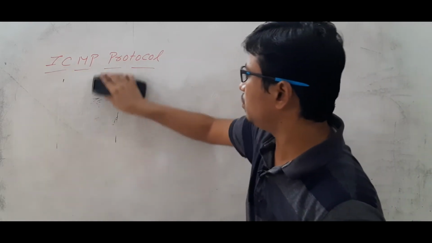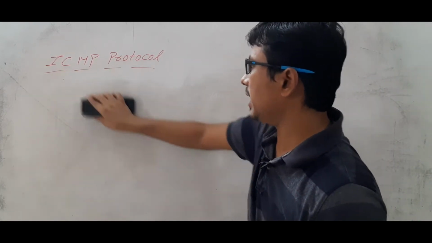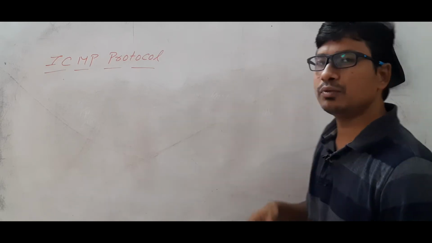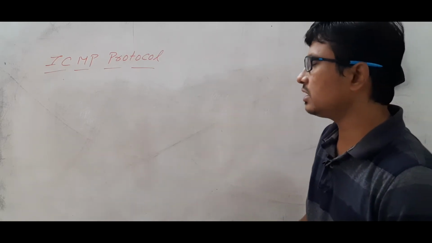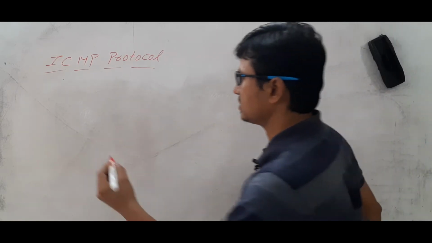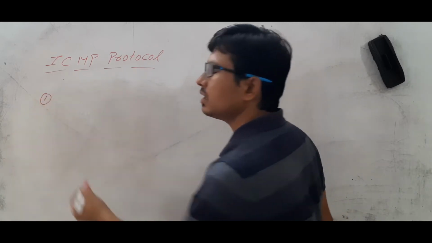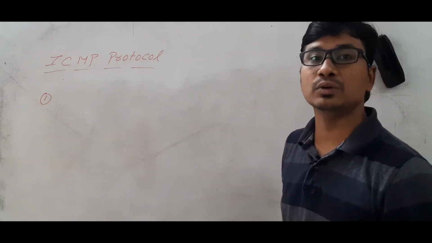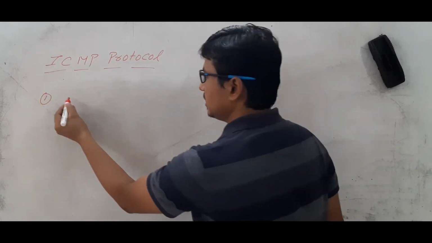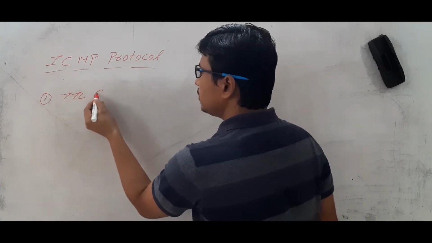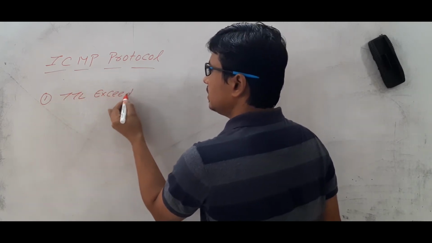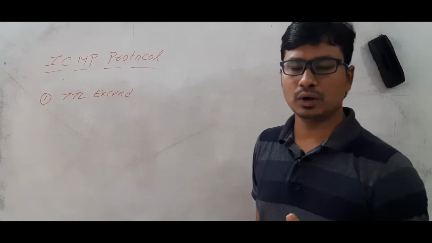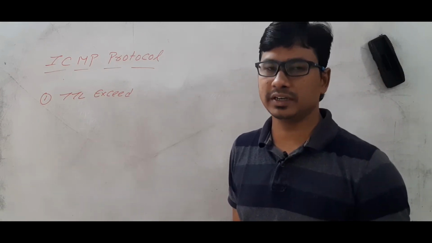So where we can use the ICMP protocol for feedback is in 5 cases. The first case is whenever the TTL value, the time to live value, is exceeded. If the time to live value is exceeded, the intermediate node or router cannot send the packet to the destination.